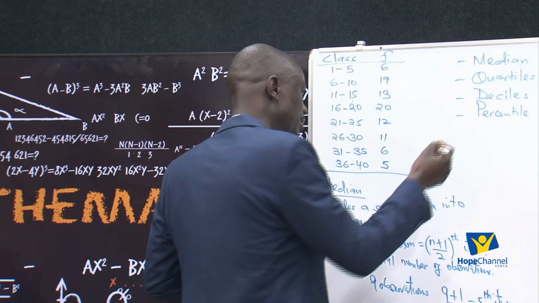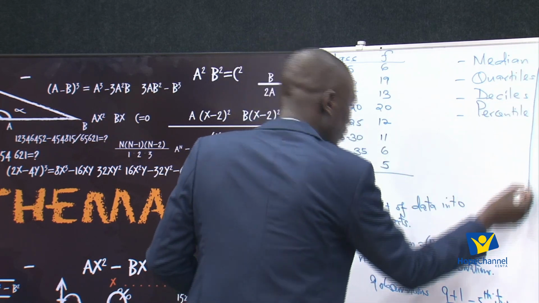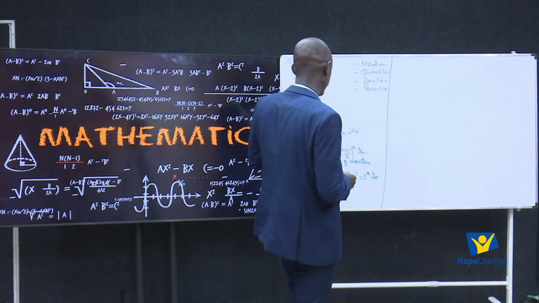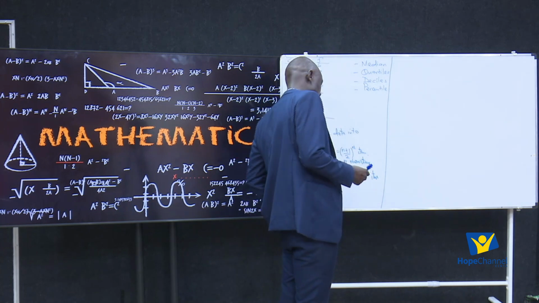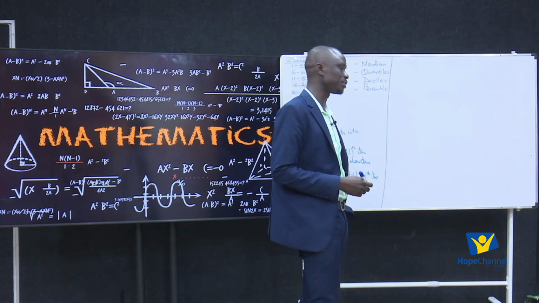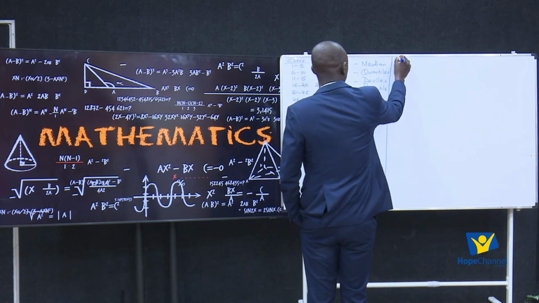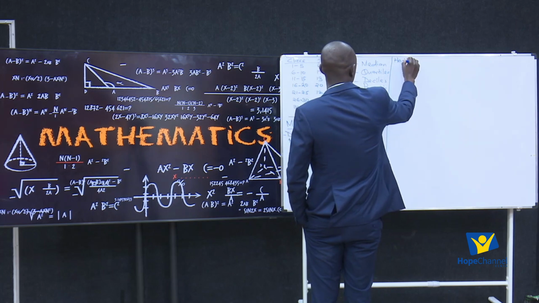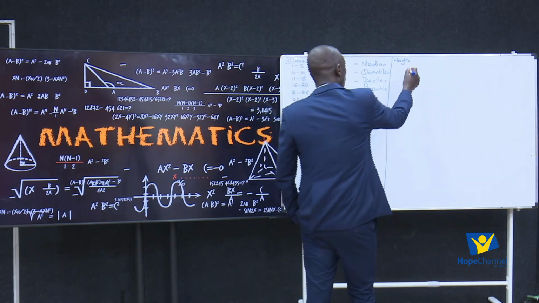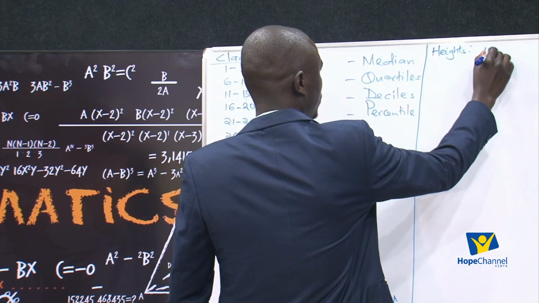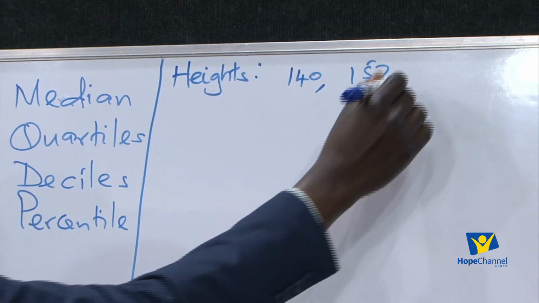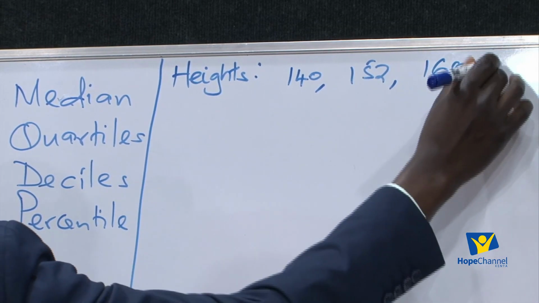Let's use an illustration. Supposing that the heights of students in a class are provided as follows: 140, 152, 160, 138.